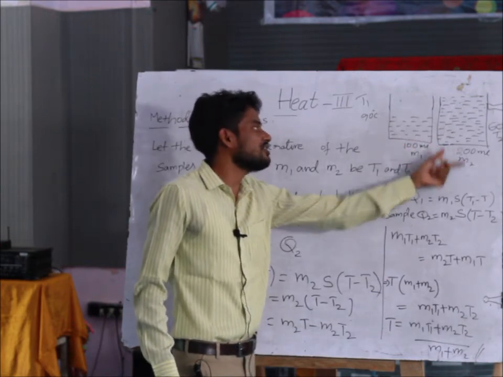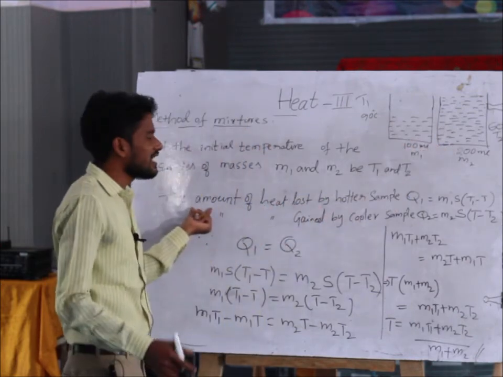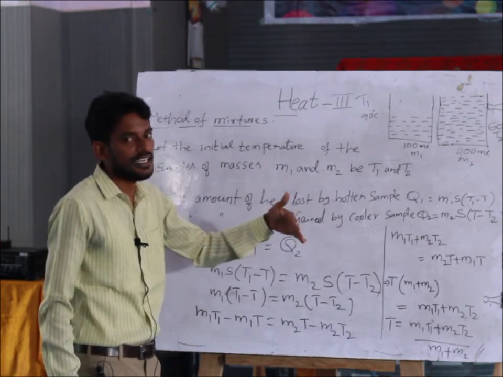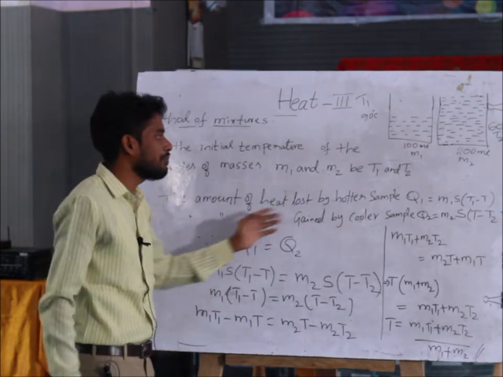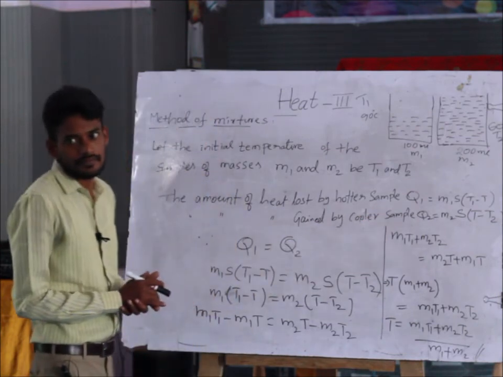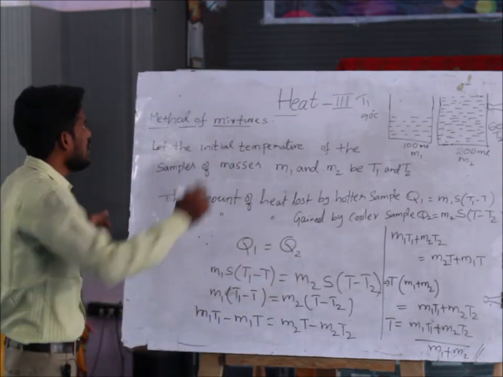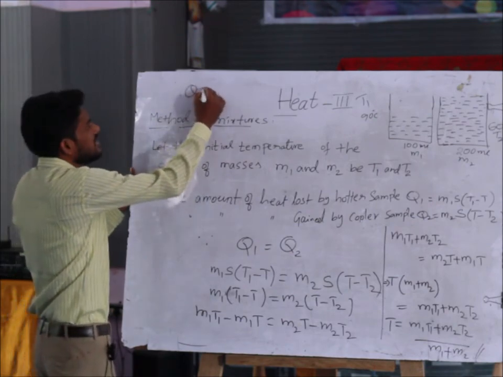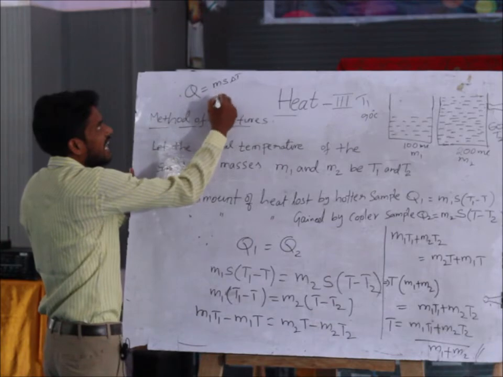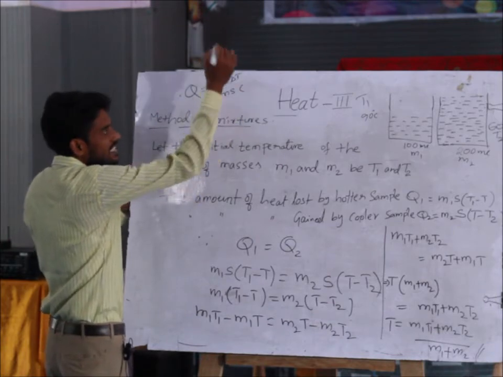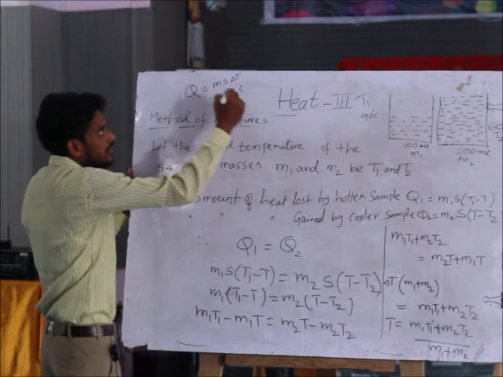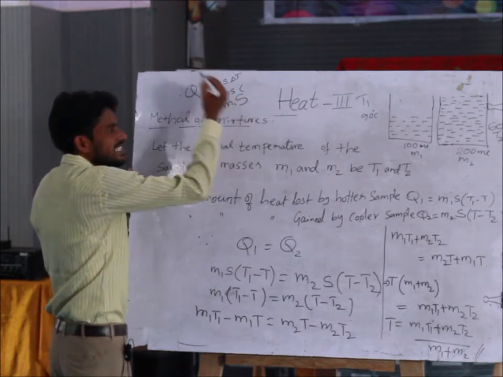after mixing in a large beaker, definitely the hotter sample should lose heat energy to the colder sample. How much heat? You know well, heat is always in the form of m s delta T. Here, first beaker mass M1, specific heat of water S, common.